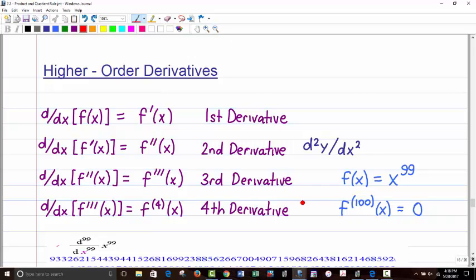Then after the third derivative, they quit using the prime notation, and now they write an exponent there and put parentheses around it. That's very important. You need something to indicate, whether parentheses or brackets or some sort of notation. You wouldn't want to just leave a 4 by itself, because that would look like it was to the 4th power. But with parentheses around the exponent, that's implying the derivative.